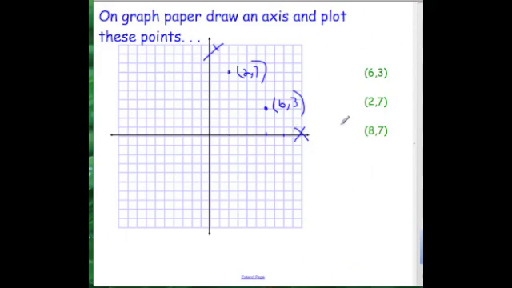And then from our 8 point, we know that we have to go up 7 up our y-axis. So we go up 1, 2, 3, 4, 5, 6, 7. And we just plotted parentheses 8, 7. Alright?